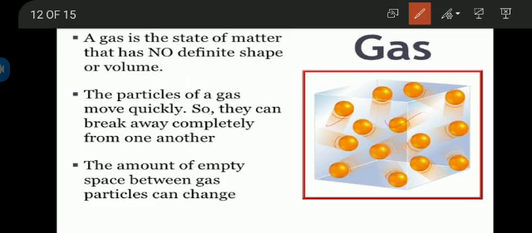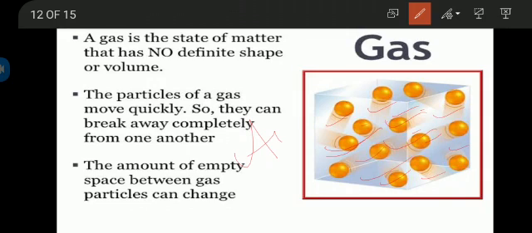You see how they are very loosely packed with each other, and the amount of space between the gas particles can change. The molecules of the gas are very loosely packed and are able to flow freely. Okay. So therefore the gases occupy all the available space.